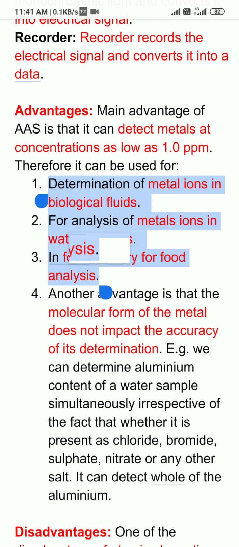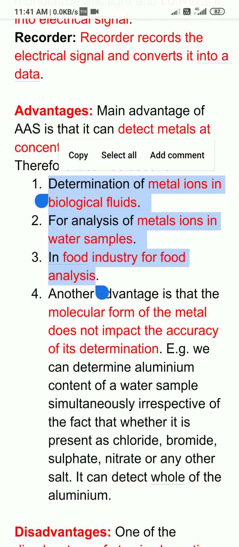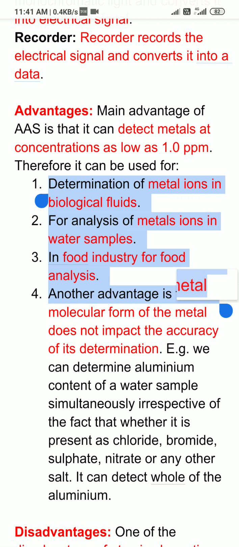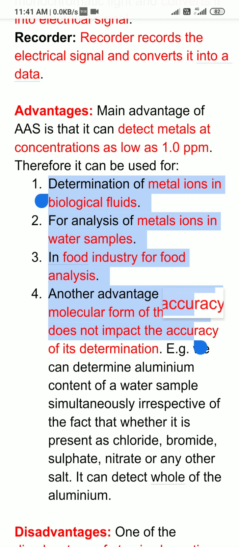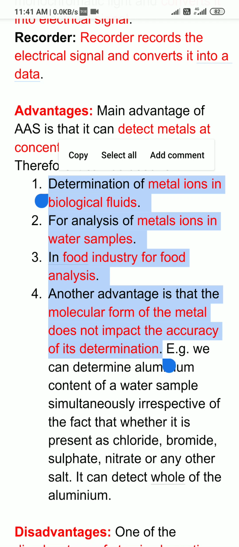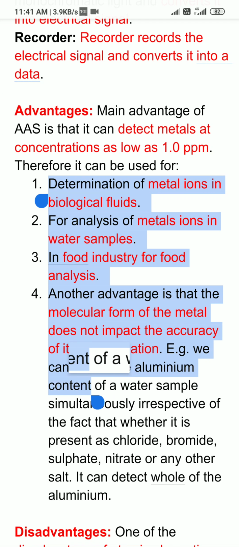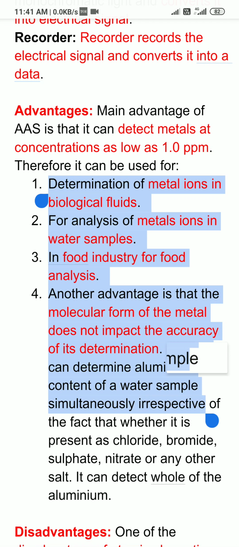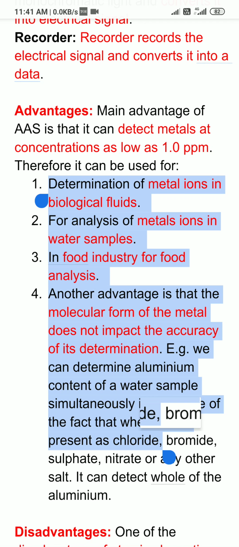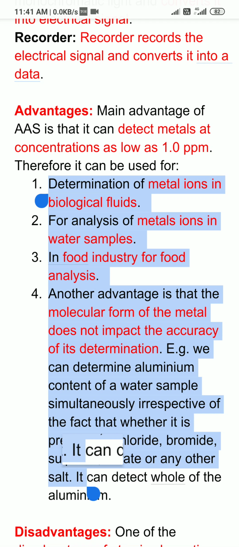And atomic absorption spectroscopy can also be used for the detection of metal ions in different food products. So it can be used in food industry for food analysis. And another advantage is that the molecular form of the metal does not impact the accuracy of its determination. Molecular form here means molecular formula. For example, we can determine aluminum content of a water sample simultaneously, irrespective of whether it is present as chloride, bromide, sulfate, nitrate or any other salt.